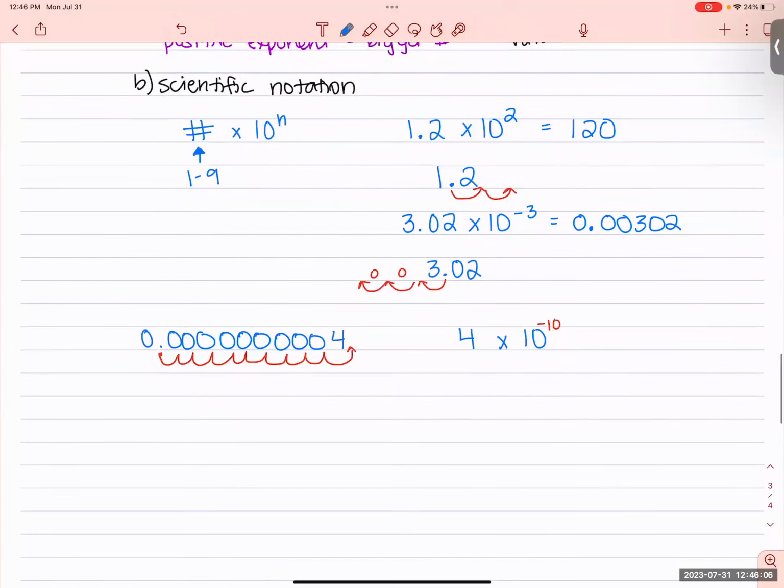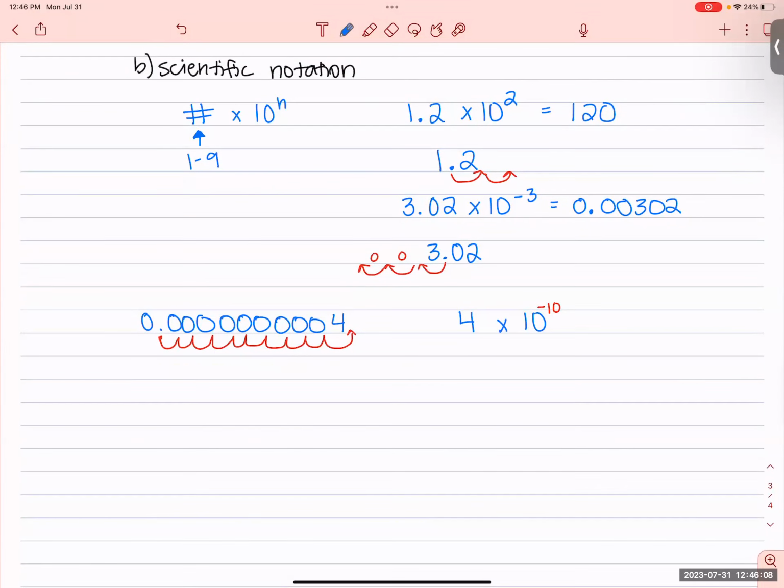Let's do one more example. So if I were to cut you a check for this much, you'd be very excited about that. So would I. But let's say we're trying to communicate this number in a lab, right?